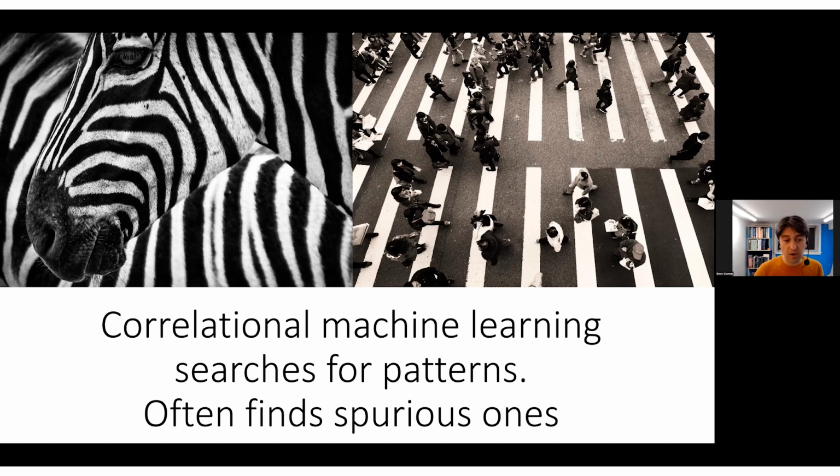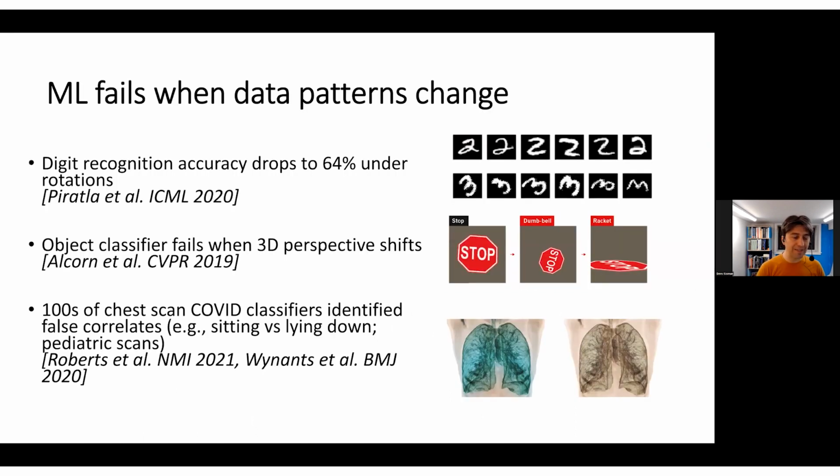The problem is that often the data patterns machine learning finds are spurious. What I mean is that the patterns aren't the same when we go from our training environment to our test environment. And when those patterns are changing, machine learning models fail. So, we can look at lab experiments where we take the MNIST digit recognition task and see the digit recognition accuracy drop significantly when we do something as simple as rotate the digits to an angle that wasn't seen in the training data.